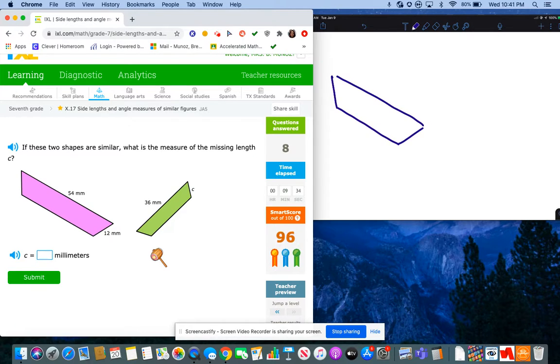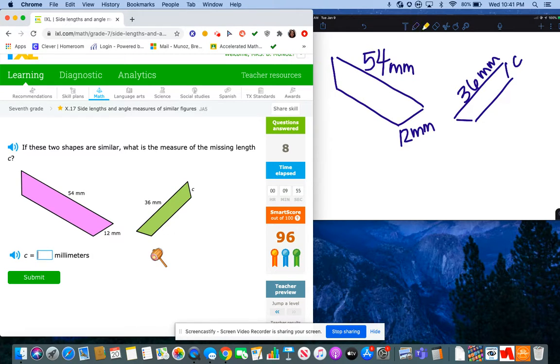And then the smaller one here, something like that. And then we have 54 millimeters and 12 millimeters. And here we have 36 millimeters, and then we have the letter C.